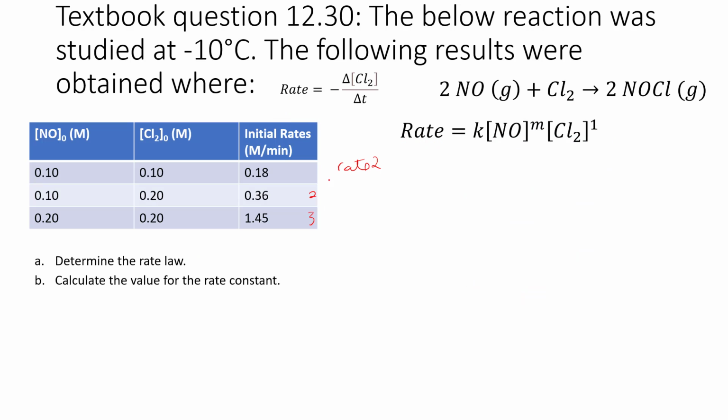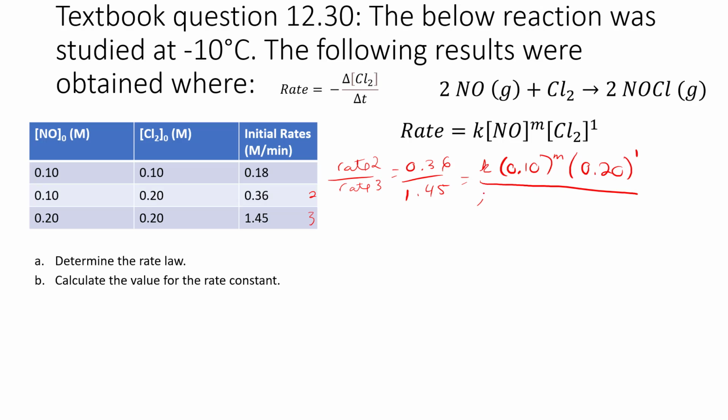So rate of 2 over rate of 3. That equals 0.36 over 1.45. You can see that's already not going to cancel out easily. So now we've got 0.10 raised to the m times 0.20 raised to the first, all over k times 0.20 to the m, 0.20 to the first.